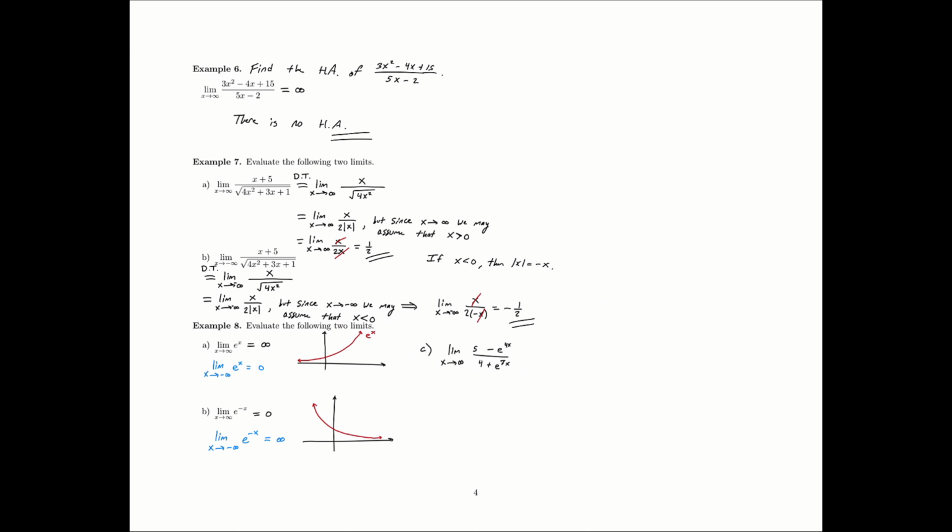So in this case, negative e to the 4x is the dominant term in the numerator, and e to the 7x is the dominant term in the denominator. So this would end up just being the limit as x goes to infinity of negative e to the 4x over e to the 7x. And then you want to simplify this. I can factor out the negative.